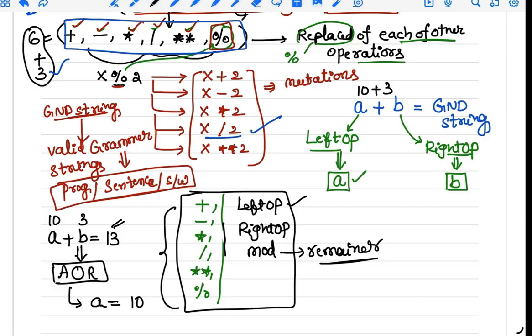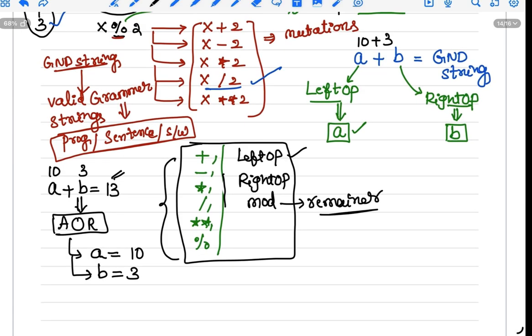If we use right op, the mutant evaluates to 3. If we use mod, the mutant evaluates to 10 divided by 3, the remainder, that is 1. So these are the 6 plus 3, in total 9 arithmetic replacement operators.